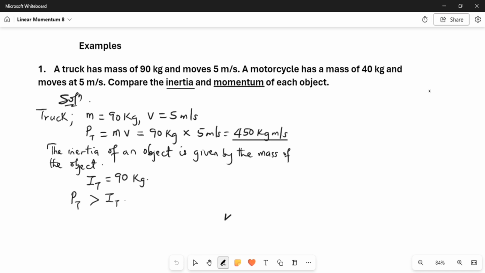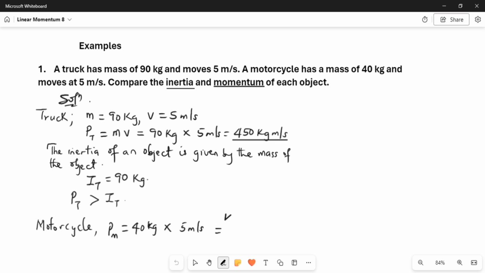Then for the motorcycle, the momentum of the motorcycle is equal to 40 kg times 5 meter per second.